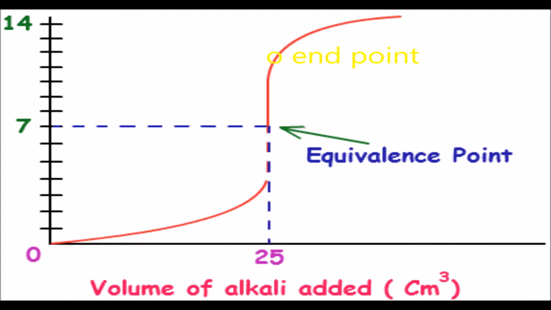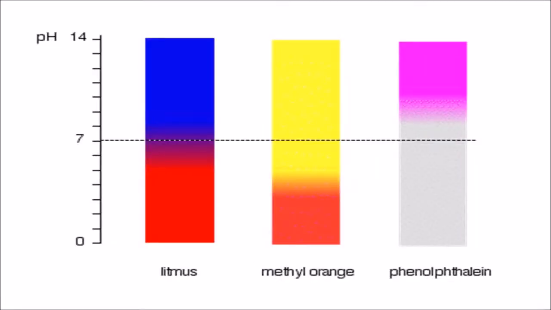On the other hand, we can know that pH is 7 when titrant is added because phenolphthalein still remains colorless. This picture shows that phenolphthalein changes color when the pH is around 8.4 to 9.0. Before that, it remains colorless.